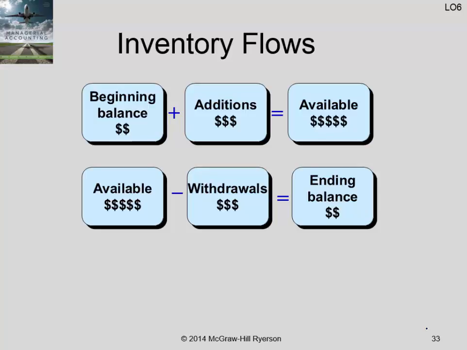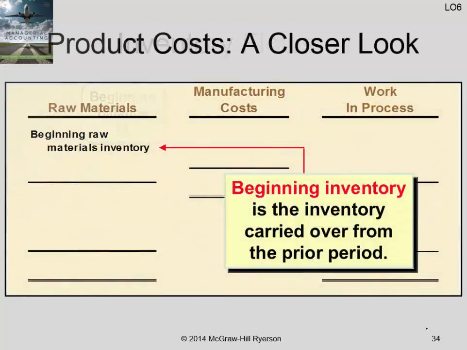And that will give you the ending balance. It's fairly intuitive, but it's important that you understand this closely, because this process will be used on the statement of cost of goods manufactured, which is one of the key outputs of this particular lecture. So, how does this work?